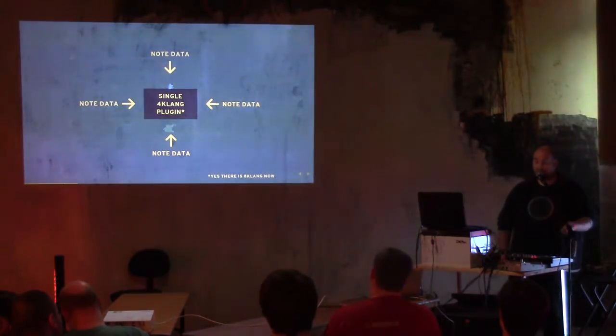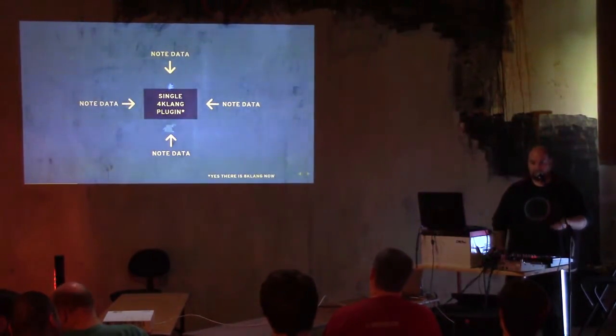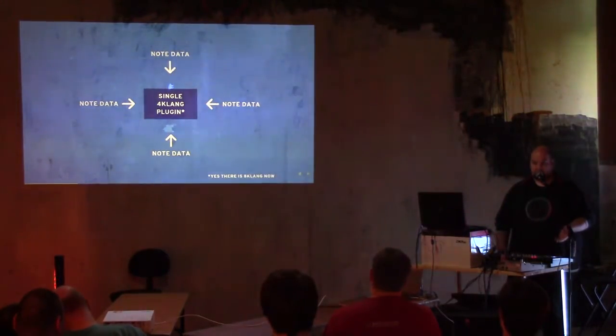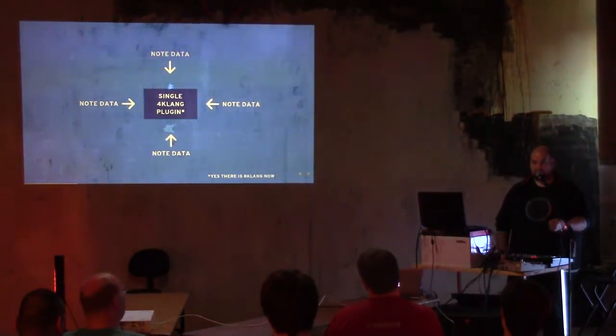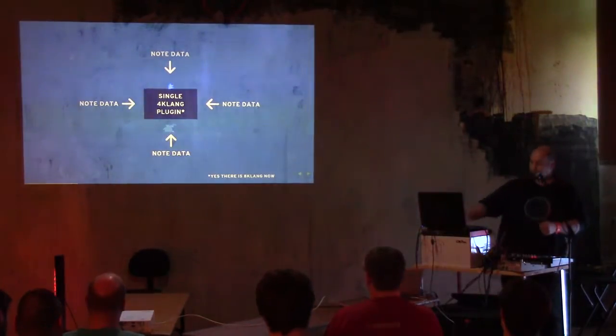And 4klang basically throws away all the MIDI data except for the notes and the note offs. There's no volume. There's no aftertouch. MIDI CCs are ignored, so you don't have a lot of modulation options from the controlling MIDI. But there are other things that you can do, and I'm going to go into that later as well.